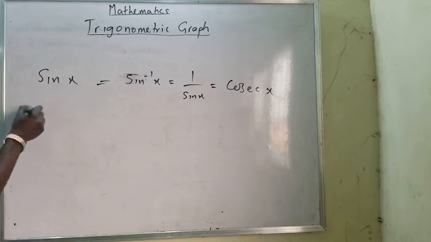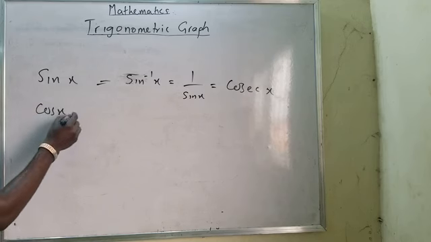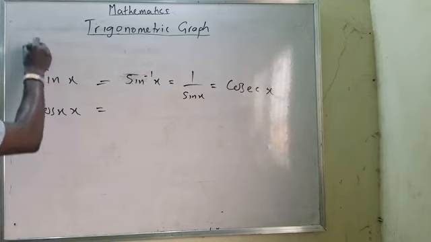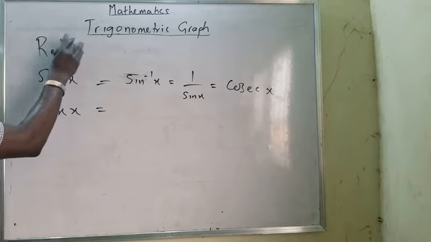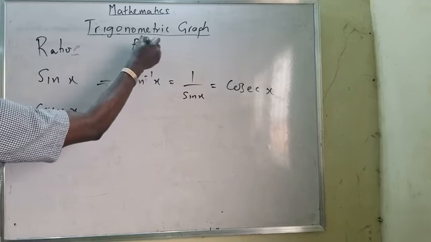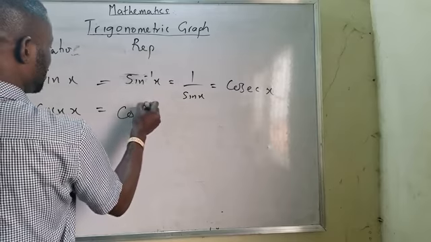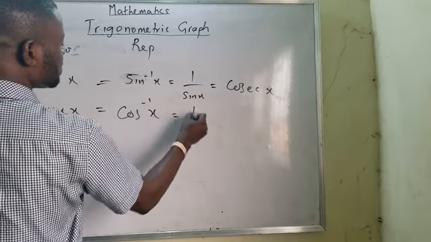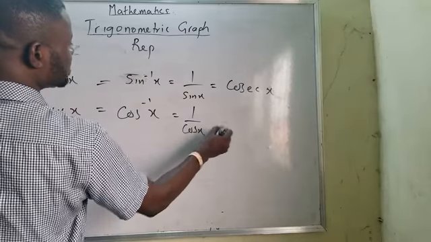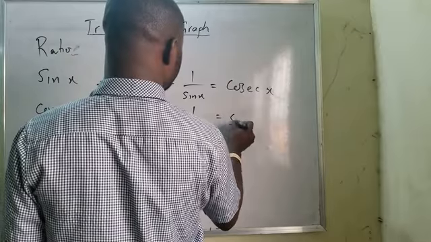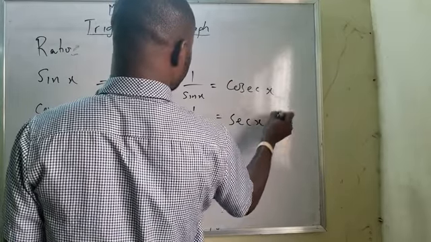If I have my cos, this is the ratio, this is the reciprocal. Please take note of that. This one will be cos inverse of x, same as 1 all over cos x, and same as sec x.